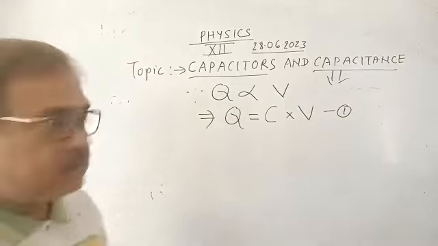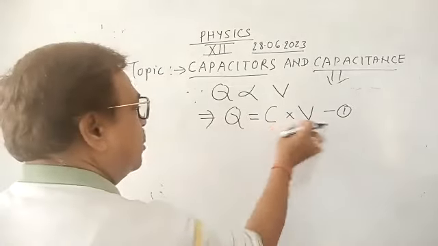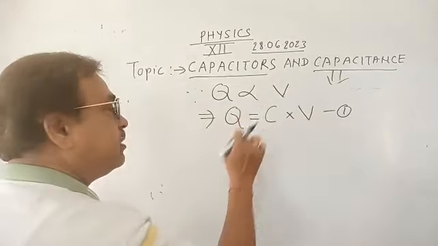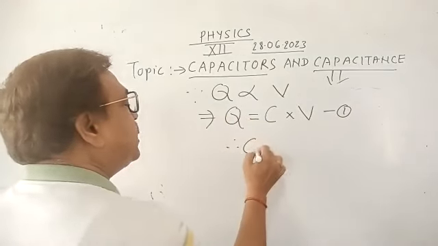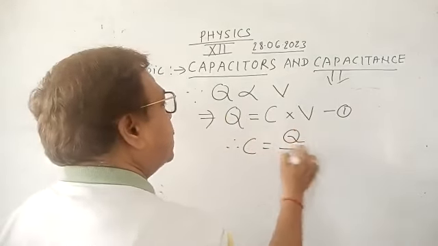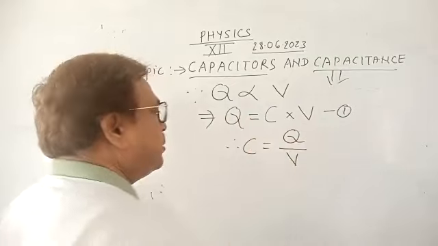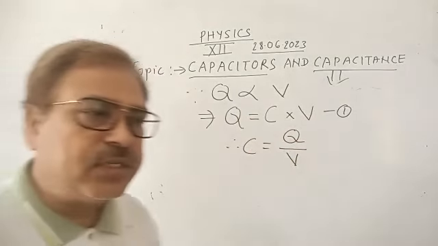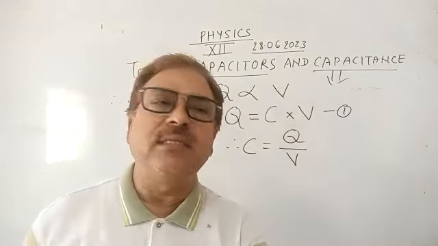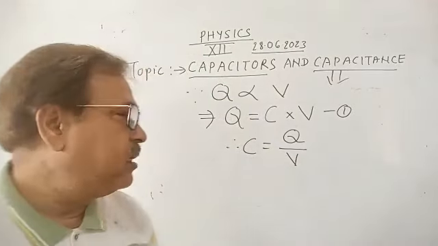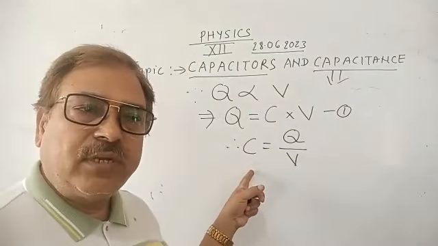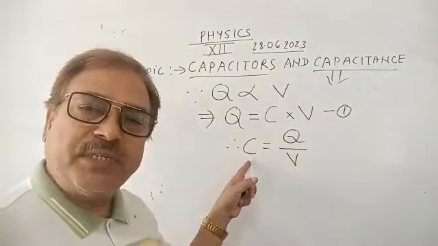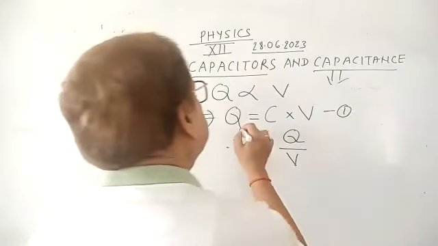Here, C is multiplied with the potential difference to remove the proportionality. C can be written in terms of the total charge and the potential difference. The ratio of the amount of charge and potential difference gives a constant value for the capacitor, called the capacitance of the capacitor.